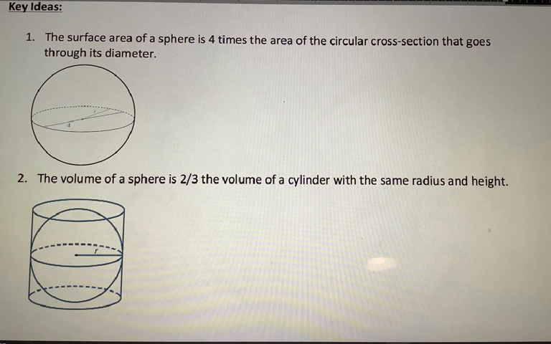So if I ask you to find the surface area of a sphere, you are able to look at this circle that goes through the middle, find the area of that circle, and then multiply it by 4. So if you'll recall, the area of a circle equals pi r squared, right?